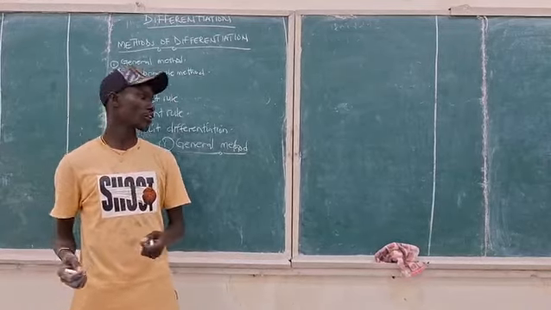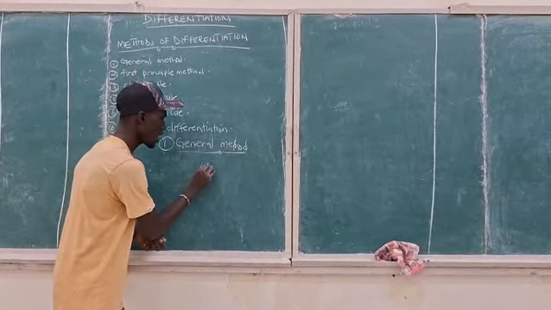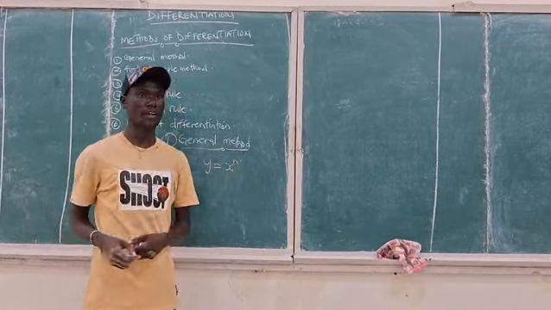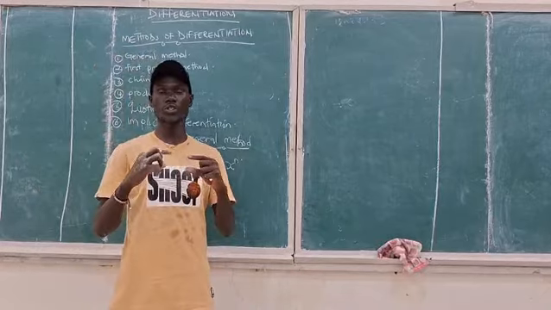Under the general method, for instance, we may have y equals x raised to the power of n. The rule of differentiation: you multiply by the power that x has been raised to, and you reduce the power by 1.